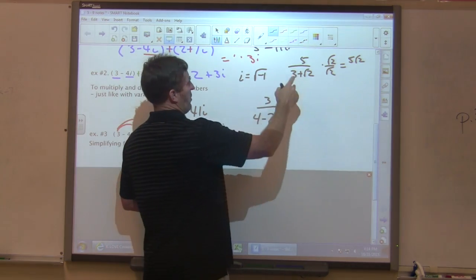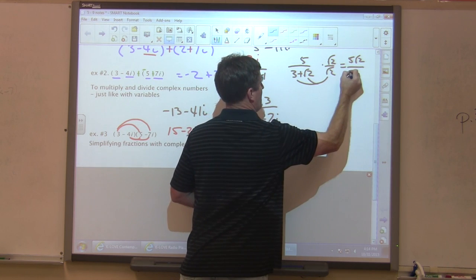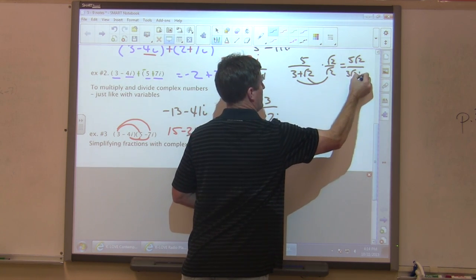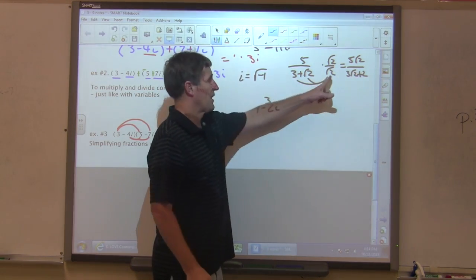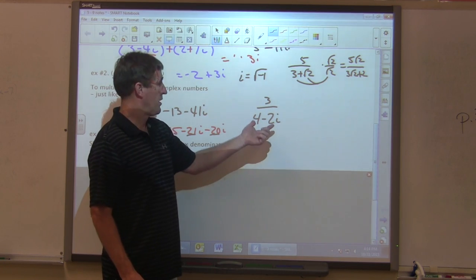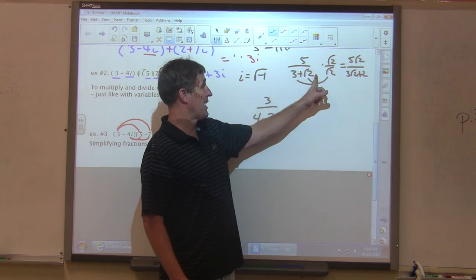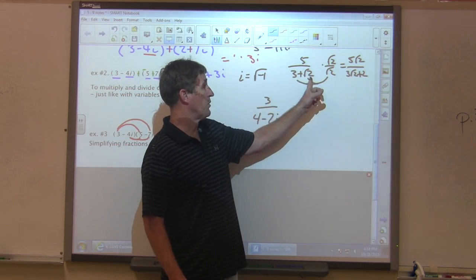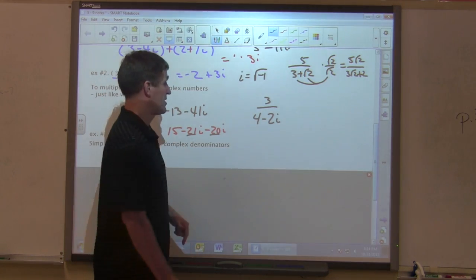But on the bottom, I have to distribute. And so I would get 3 square root of 2 plus square root of 2 times square root of 2, which would become 2. Even though I got rid of this one, I added one. And so we have to have a way to get rid of this i in the bottom, or in this case, the square root. And that's going back to the complex conjugates.